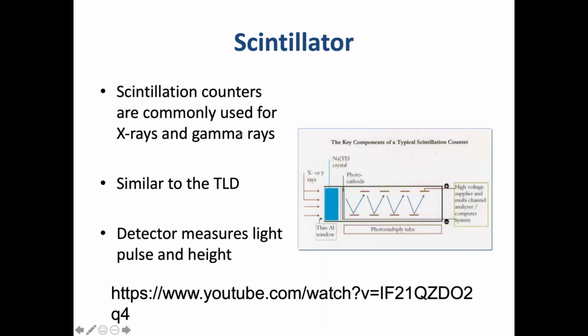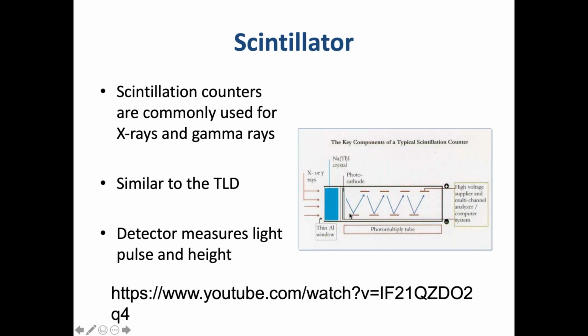Scintillation counters have a similar effect. They have a thin aluminum window on the front of them, and they have a material in them, a crystal, that when it's struck by high energy radiation, kind of like a cathode ray tube, except the opposite. Instead of beaming electrons at it to get it to glow, this releases a photon when it's exposed to gamma or beta radiation.